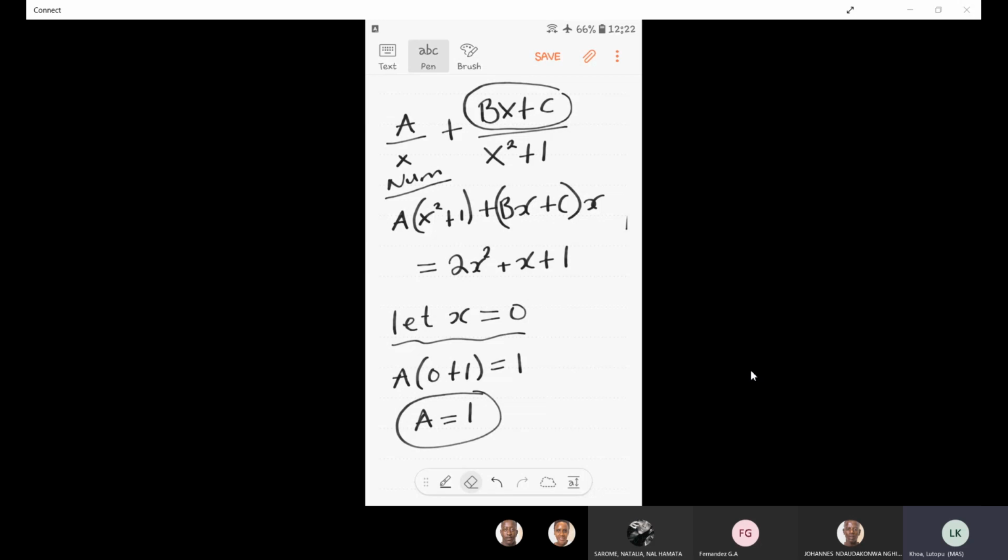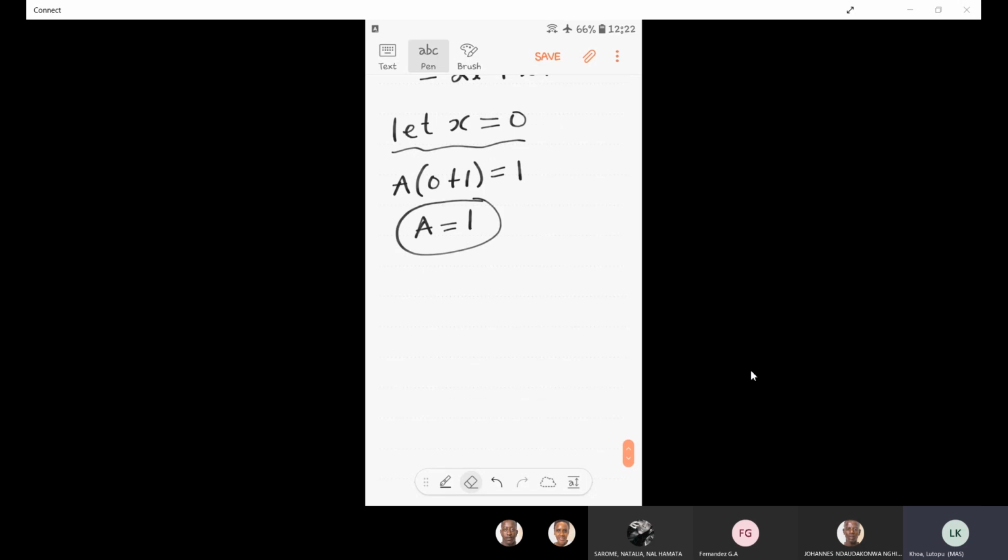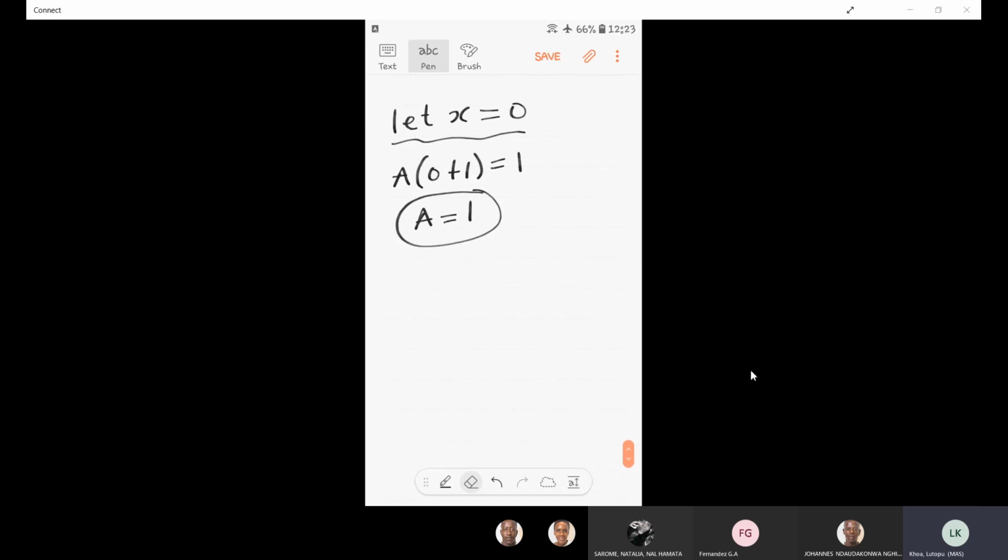It doesn't matter. But always try and pick a value that makes your calculations easy. So I will choose x is equal to minus 1. That's what I chose. So let x equal to minus 1. You can pick 1, that's also fine. You'll see that in the end our answers are the same.